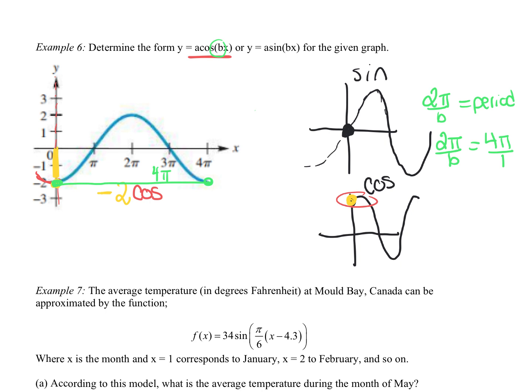So you can do your bat and ball, or you can cross multiply. 2 pi should equal 4 pi b. Divide both sides by pi, and then divide by 4. So you get 1/2, or 2 over 4. It's going to equal b. So I should have 1/2 x. So my equation should be y equals -2 cosine 1/2 x.